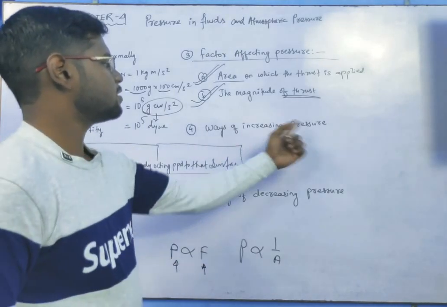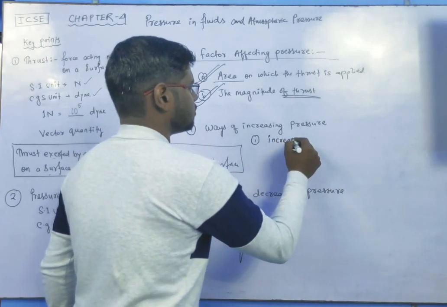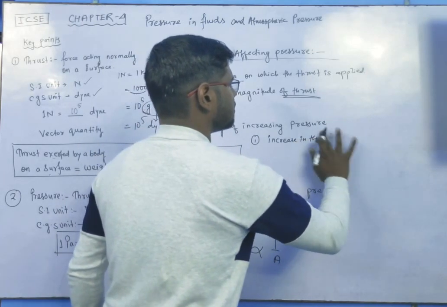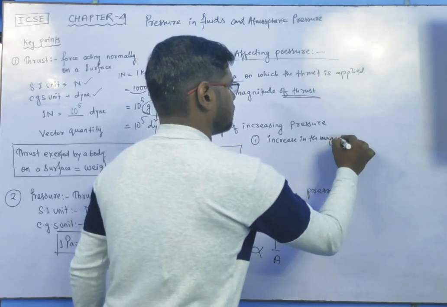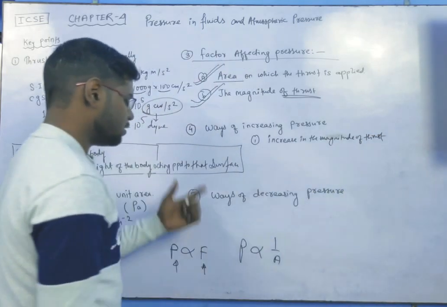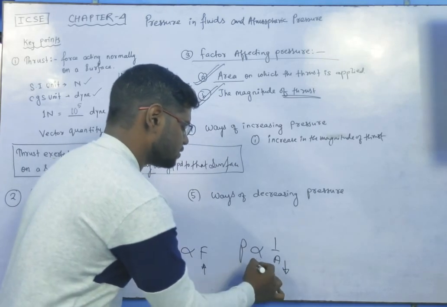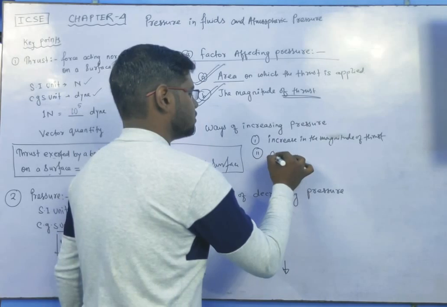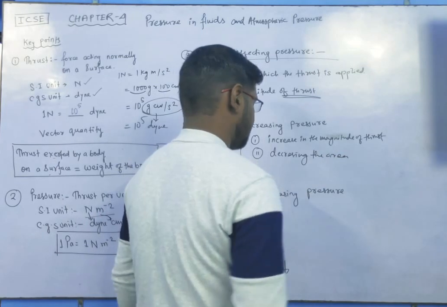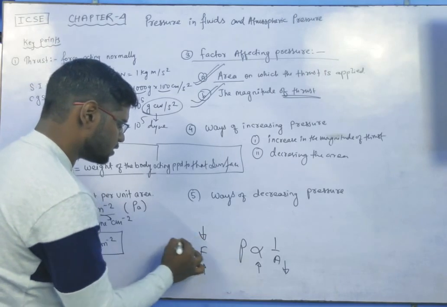The ways of increasing pressure: increase in the magnitude of thrust, this is the first way. The other way: area is inversely proportional, so if we decrease the area, pressure will increase. The other factor is decreasing the area.